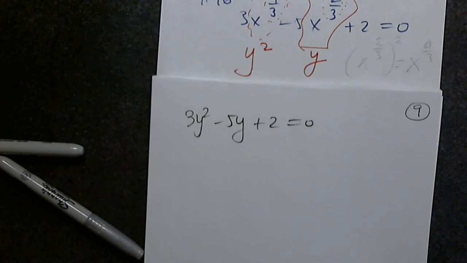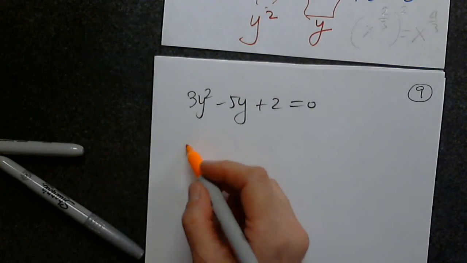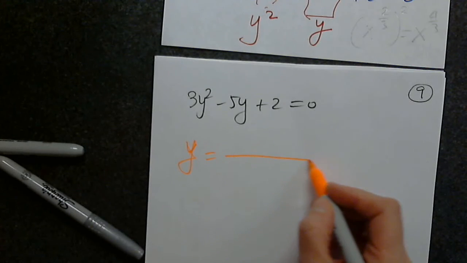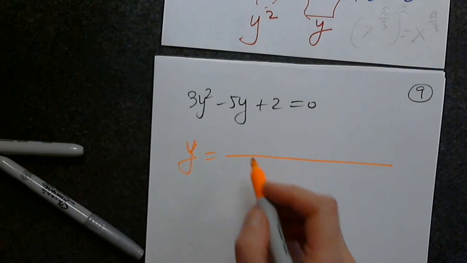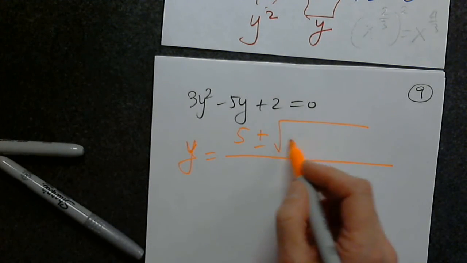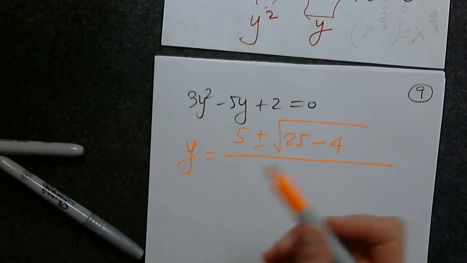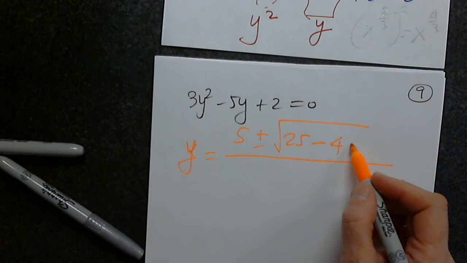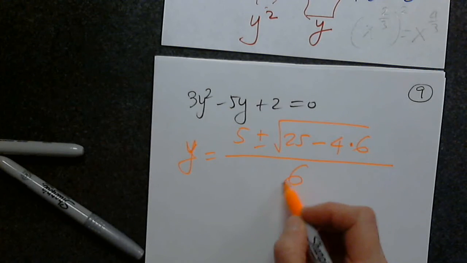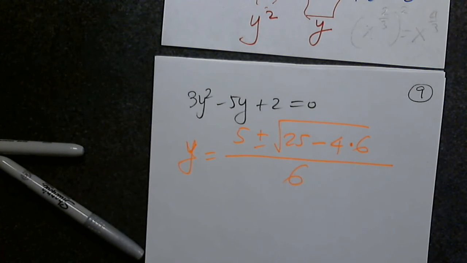So let's review the quadratic formula with this problem. So then I have y equals negative b plus or minus the square root of b squared minus 4 times a times c, over 2 times a. I would recommend putting this in the graphing calculator. It's always easier for you than with this software.